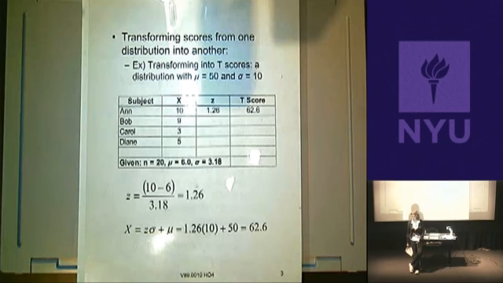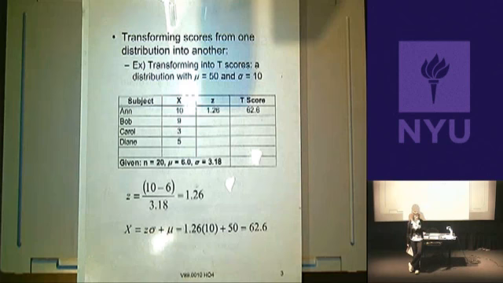So how do I get there? Well, the first thing I have to do is take my original scores and find their location, that is, find the z-scores. Then I can re-express them in the new distribution.